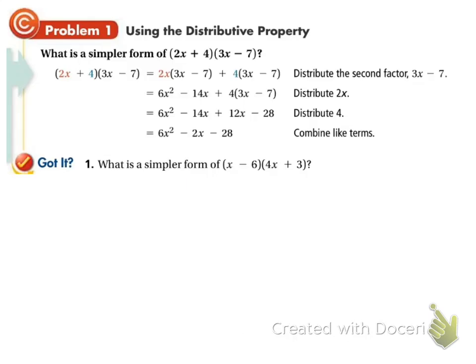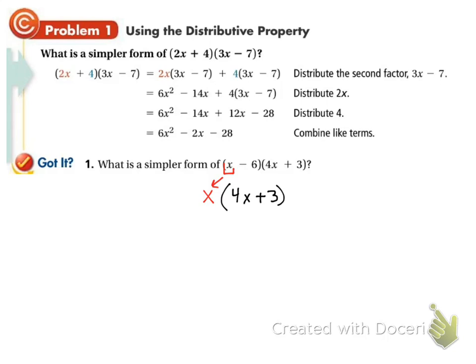The first one is the distributive property. So let's look at our problem here. This first little bit, this x is going to come out front. And then I'm going to rewrite that second binomial, so 4x plus 3.